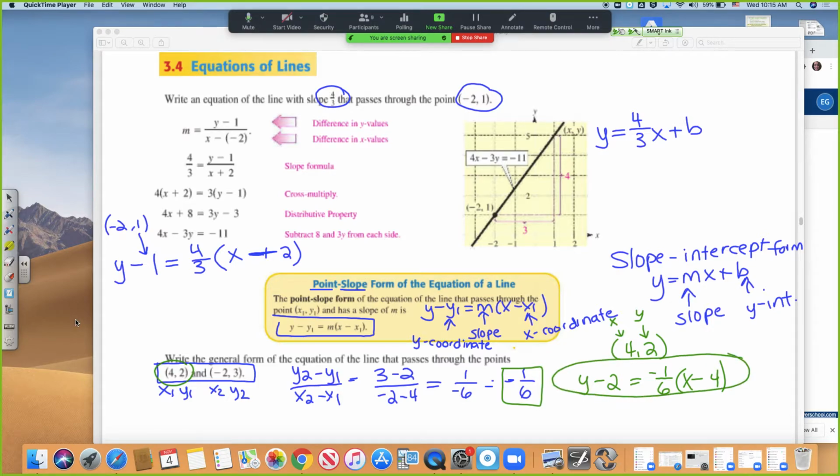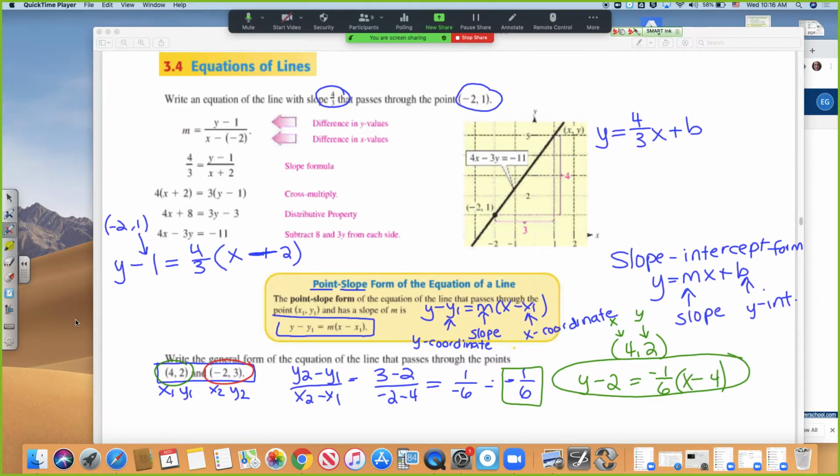However, if I use the other point, if I use -2, 3, my equation is going to look different. It's going to look different because the point is going to be different, but what will remain the same? Sophie? The slope, exactly.